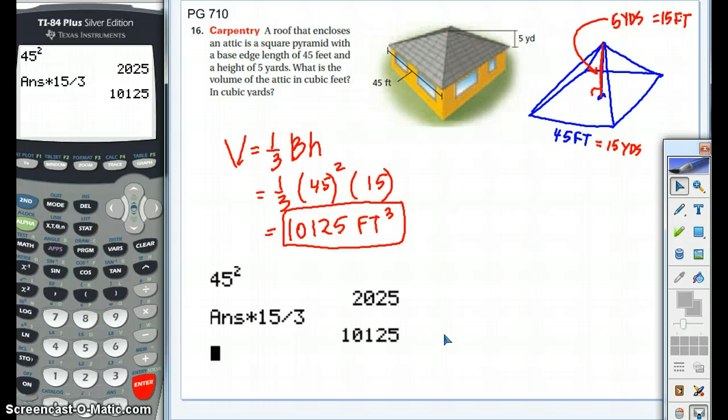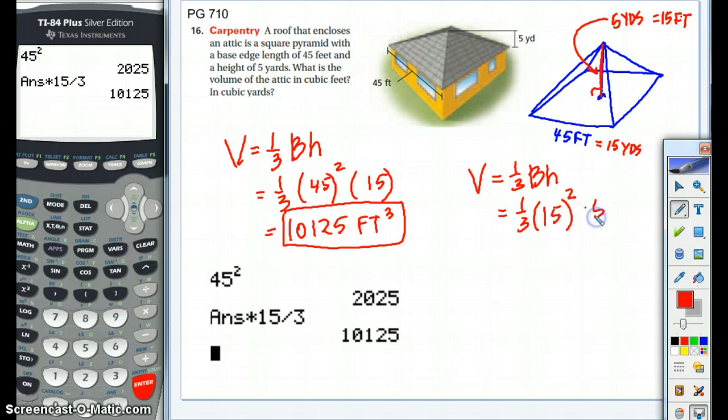All right, let's go find the second part of the question, which is the volume in cubic yards. So once again, I start over here. Write down my formula. The area of my base square is this time 15 squared, and the height is 5. 1/3, I know 15 squared is 225 times 5.